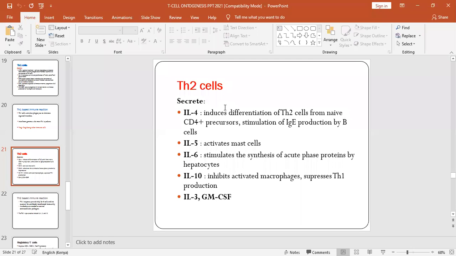So, very critical cytokine. It also releases interleukin 6, which stimulates the synthesis of acute phase proteins, what we talk about as the C-reactive protein. And these are the earlier markers of inflammatory response.